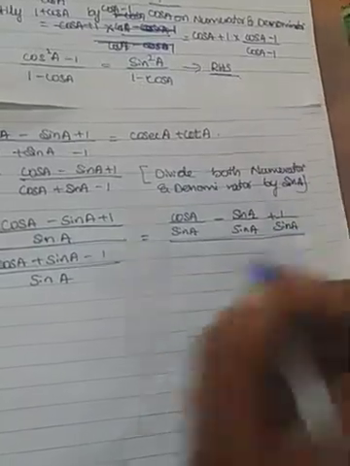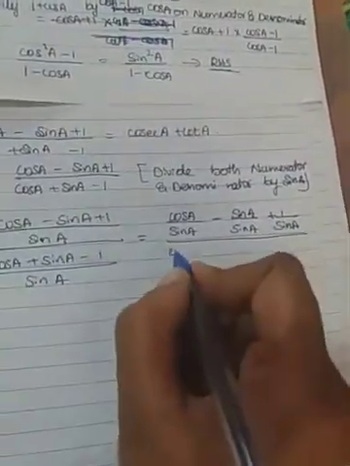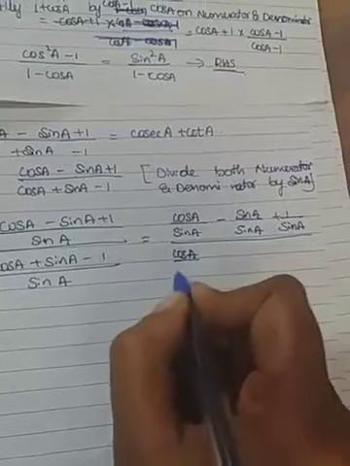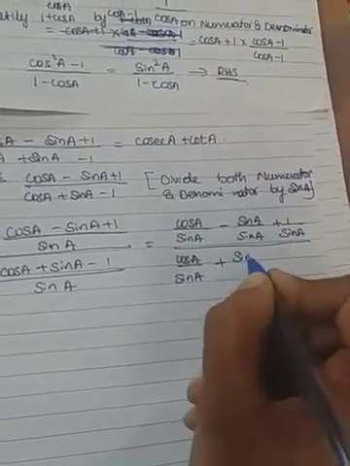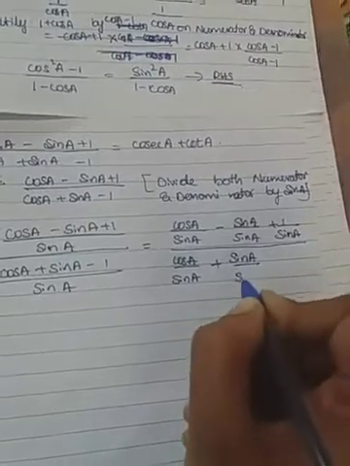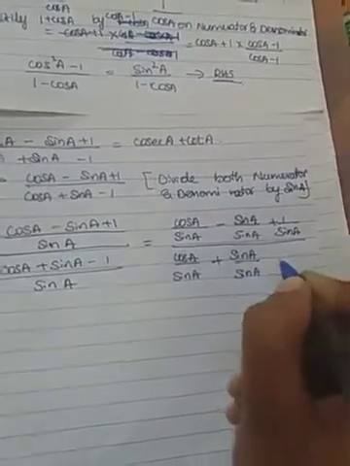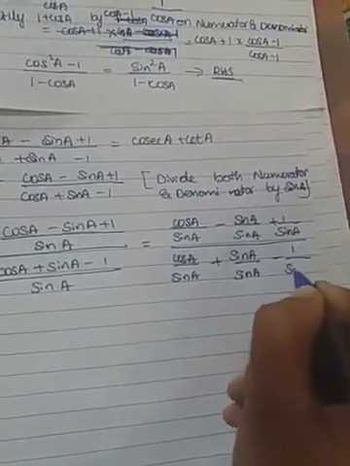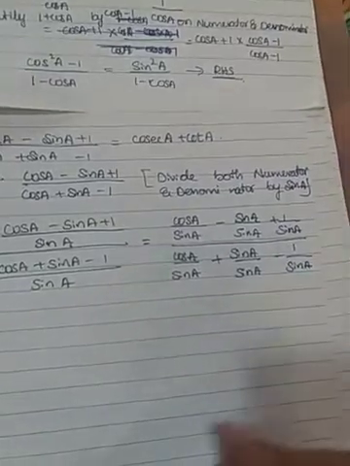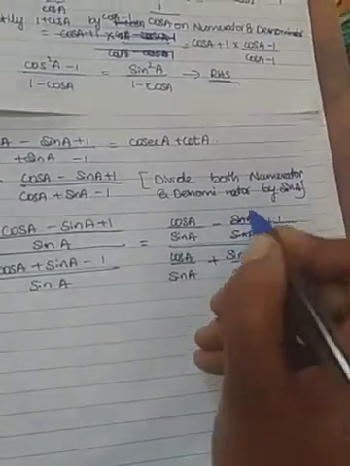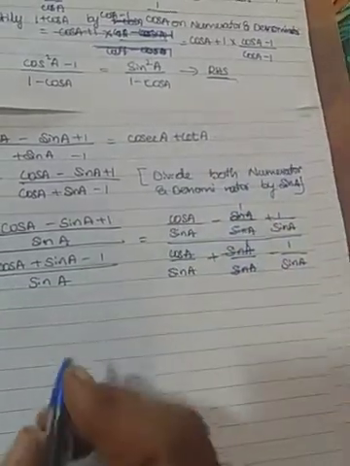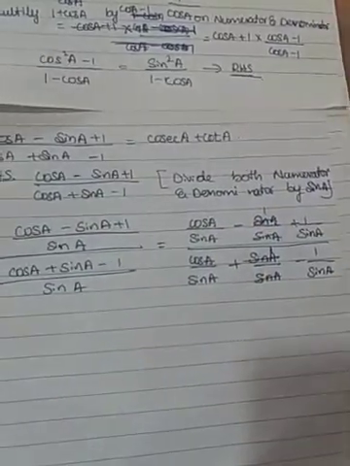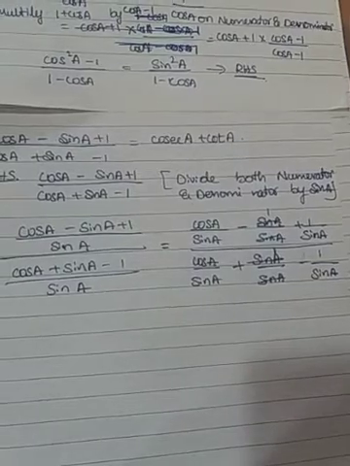The denominator part also: cos a divided by sin a, plus sin a divided by sin a, minus 1 divided by sin a. Sin a gets cancelled and we got 1, in both.